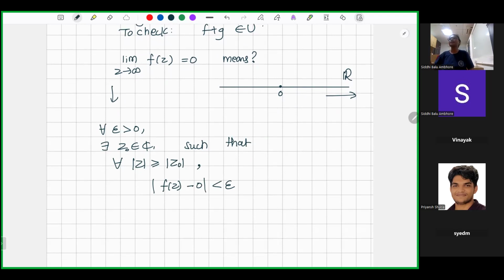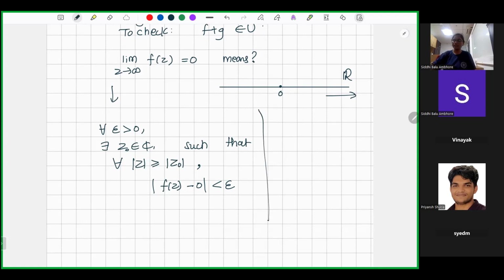This is what the limit means. Give me any positive epsilon as small as possible. There will be a stage after which all the values of f are as close to 0 as possible. So that's what it means in C.